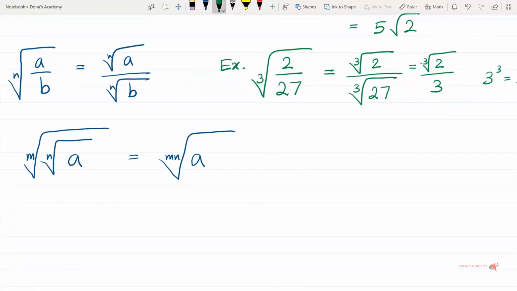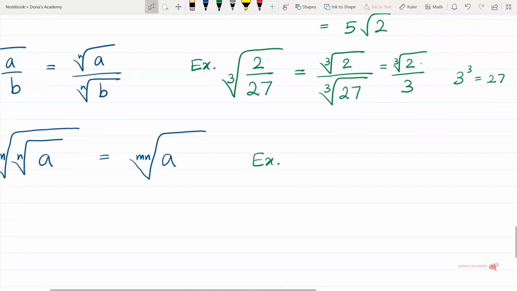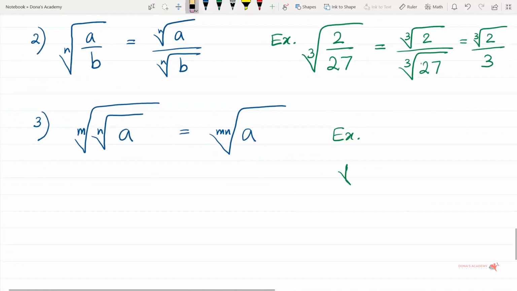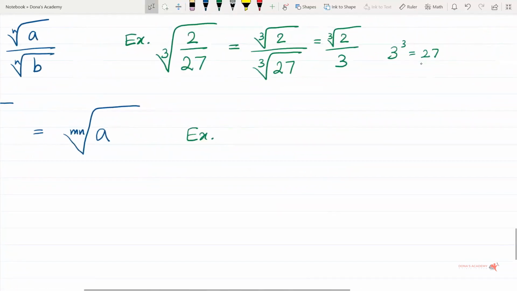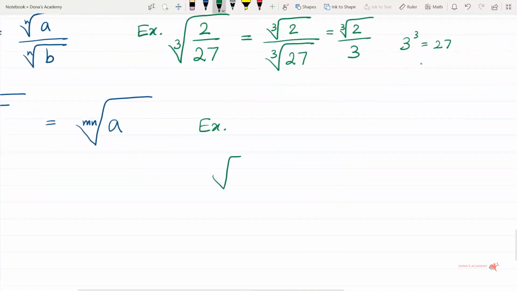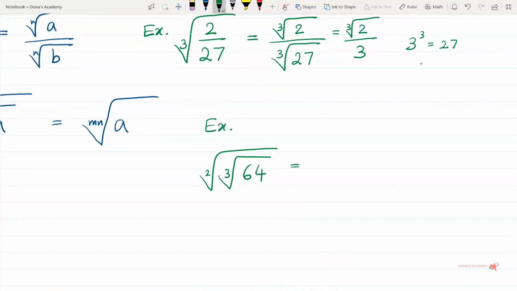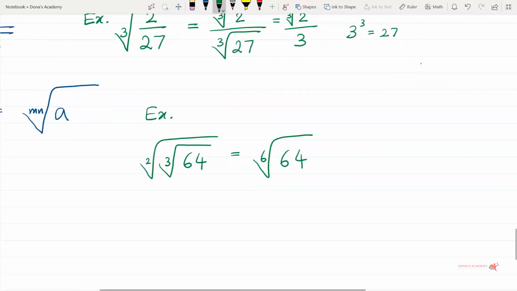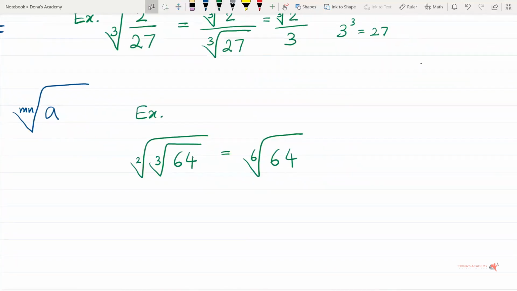Example, if you have the third root of 64 and then the square root of that, then this is the same as the 6th root of 64. Now, what is the sixth root of 64?